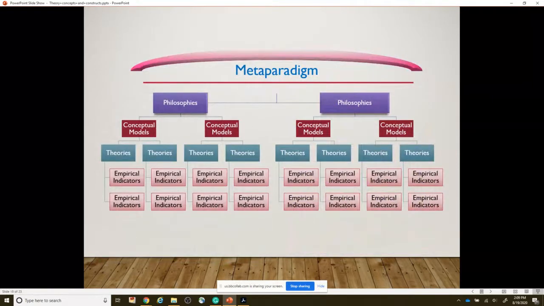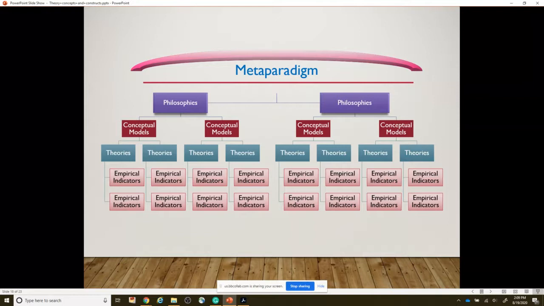Now, another way of considering theory is a progression, and this is similar to Roy's depiction, but a little bit more focused just on theory. You start with our metaparadigm: nursing, person, health, environment.